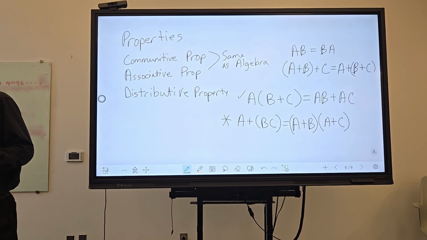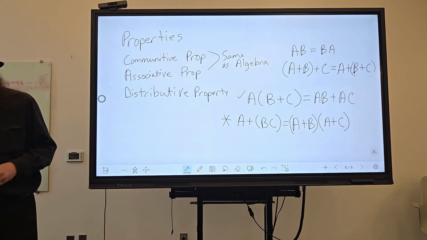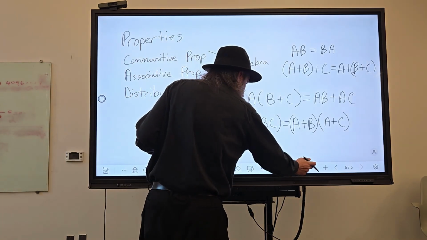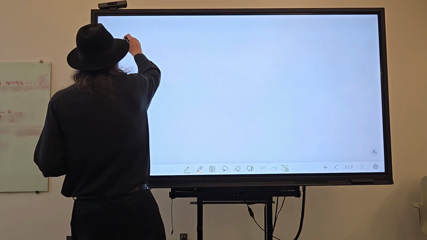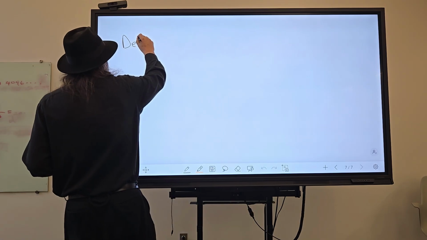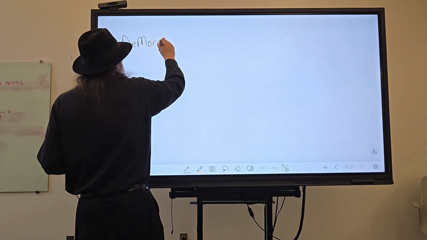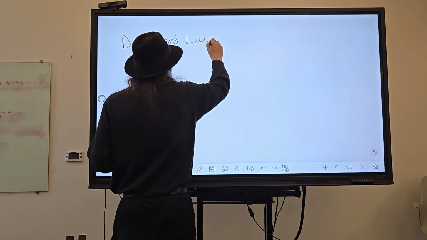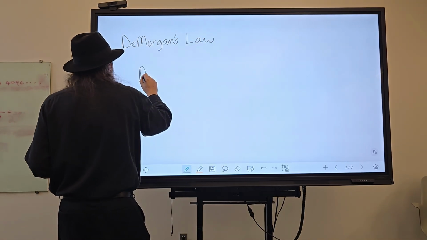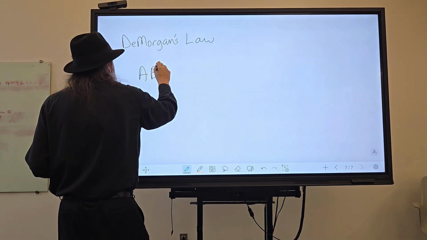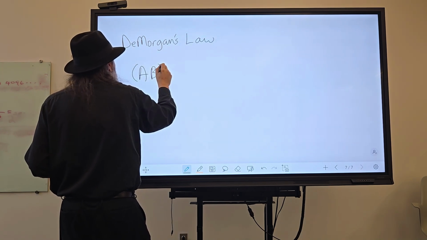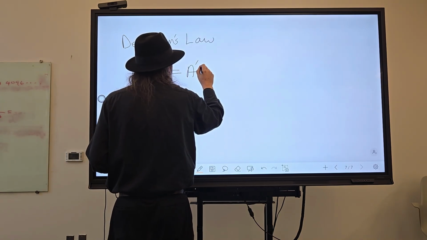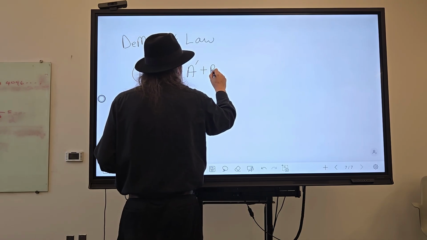Now there's De Morgan's law. Where you have A, B prime equals A prime plus B prime.